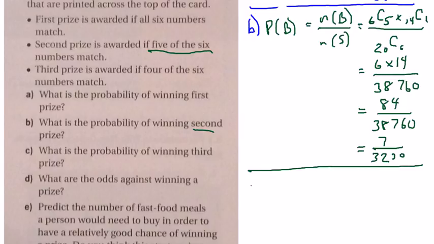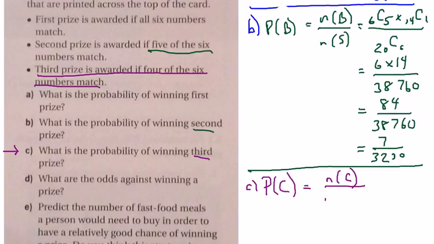Okay, so part C is asking about the probability of winning third prize, and third prize is awarded if 4 of the 6 numbers match. So we'll call that P of C, and then we need to calculate the number of ways that C can occur divided by the number of ways in the sample space.